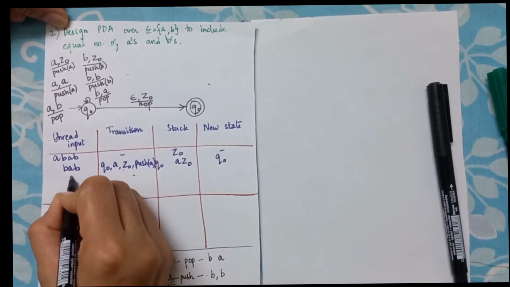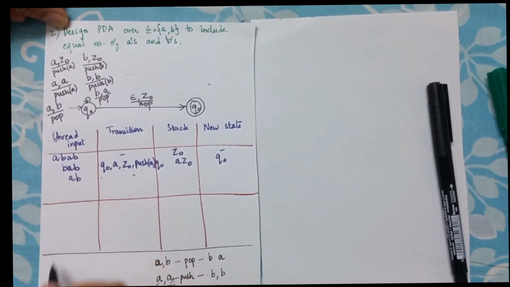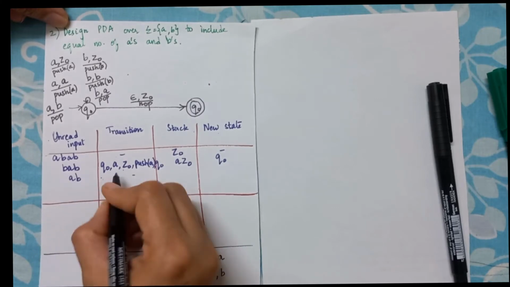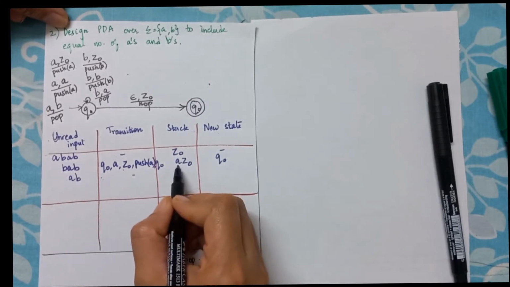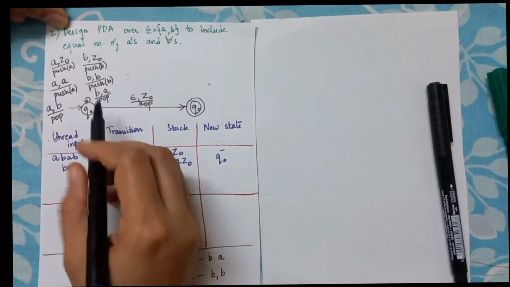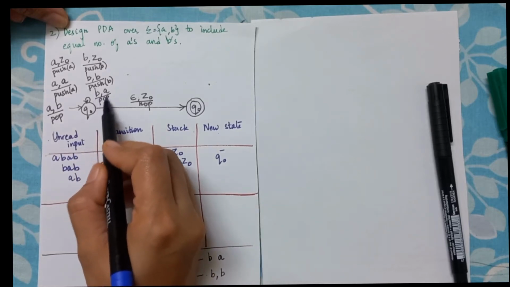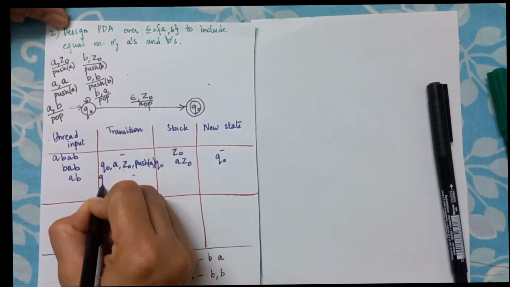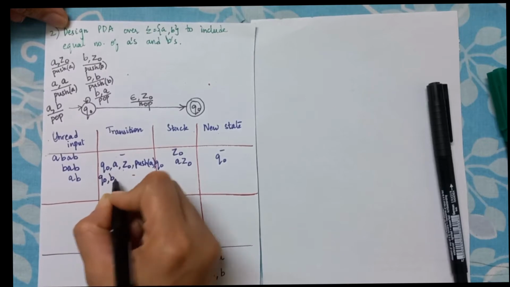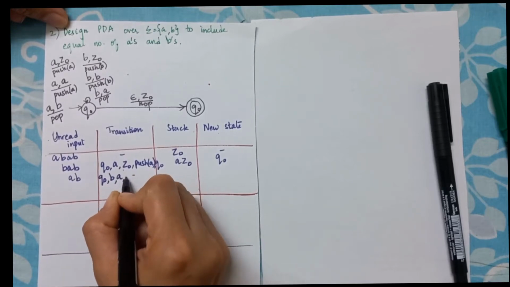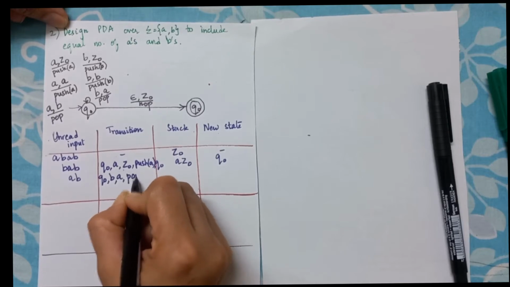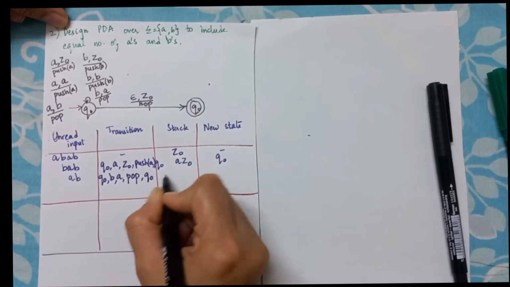Next I am reading B. When I read B, the stack top is A, so this transition has to be applied: Q naught with B and A as the stack top. I pop and I will still be at Q naught.